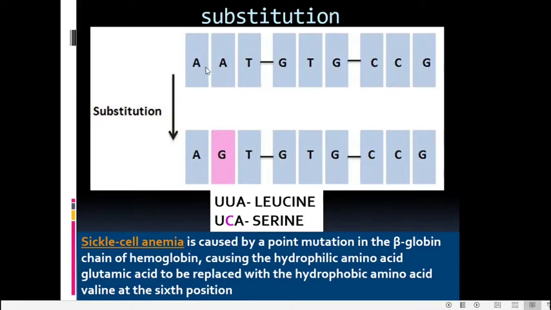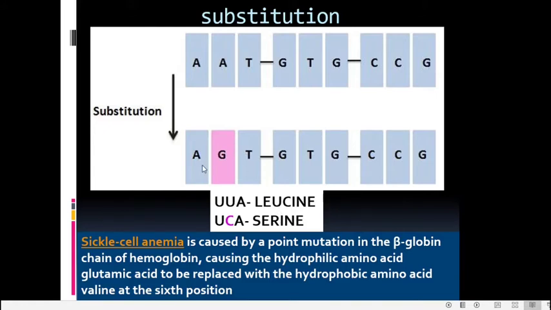In the mRNA produced from the wild type or normal allele, the corresponding codon of this region will be UUA, which codes for the amino acid leucine, because AAT transcribes into UUA in the mRNA.